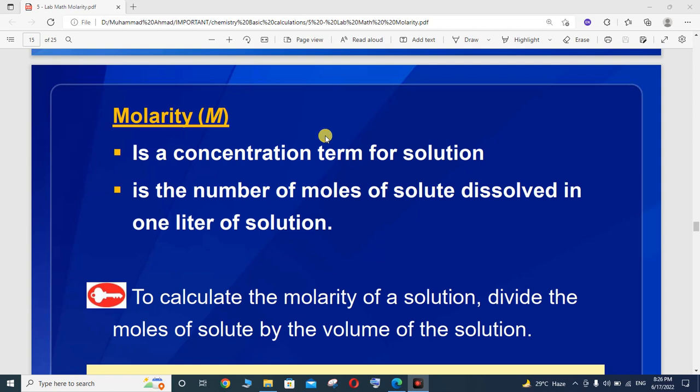So let's start from molarity. Today the topic which I'm going to explain is molarity.